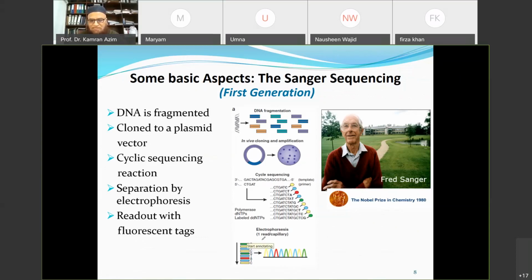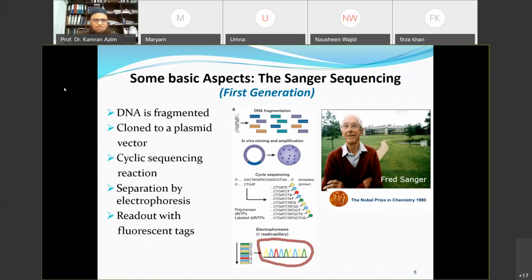This electropherogram is generated as a result of reading the fluorescent tags after the electrophoresis of the products of the cycle sequencing reaction. So this is how we determine the DNA sequence using the Sanger sequencing method.